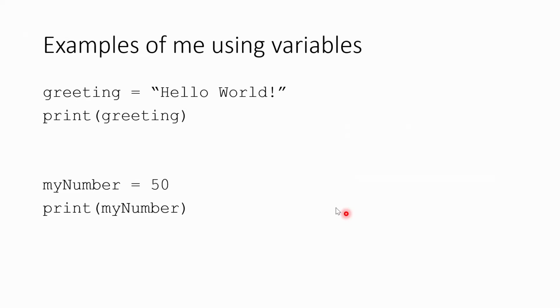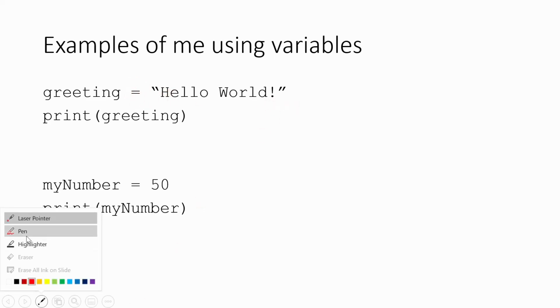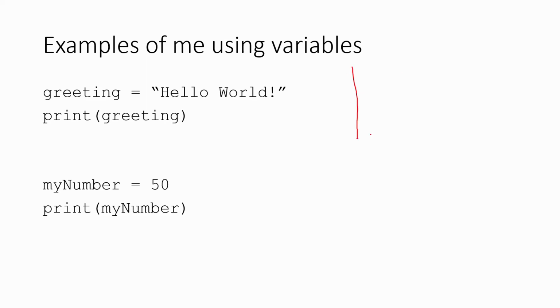Here's some examples of me actually using variables in my programming. So here I have my variable called greeting, and I have assigned it, that equal sign there is me saying I'm assigning it, the value hello world. So what that would look like in a traditional sense is a box in memory has been made, and we have named it greeting.